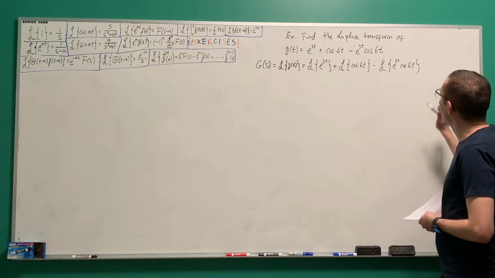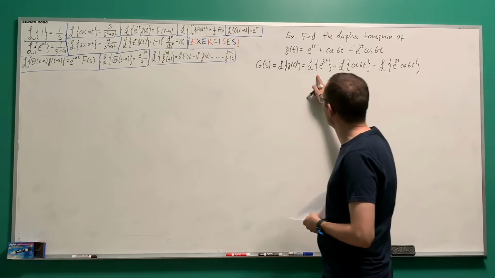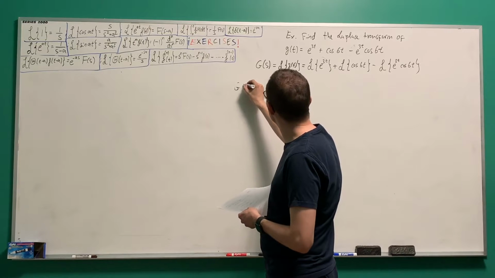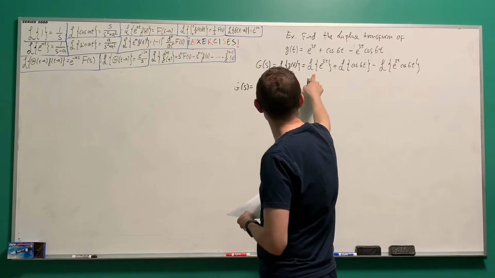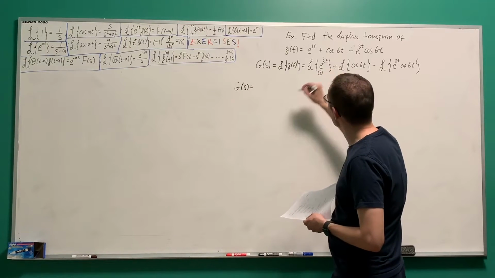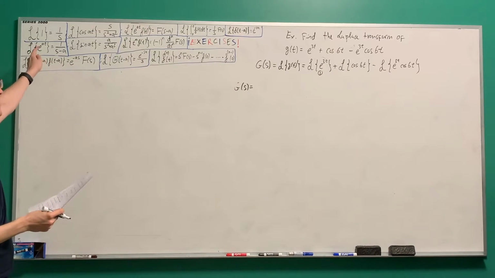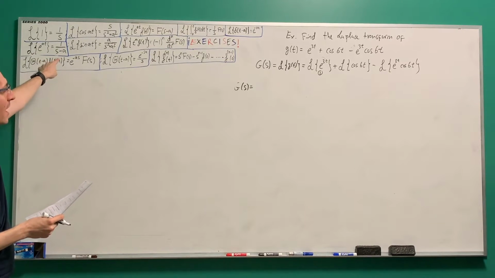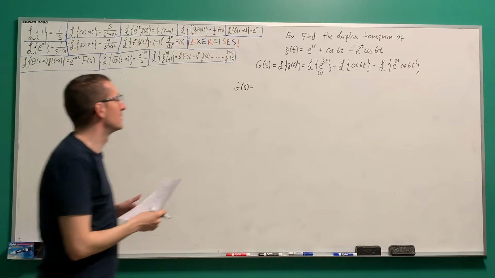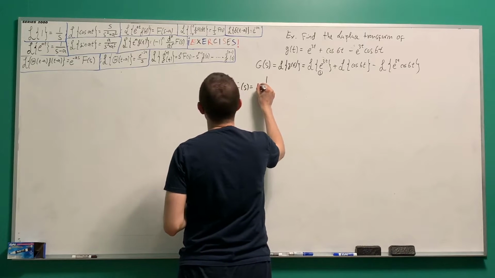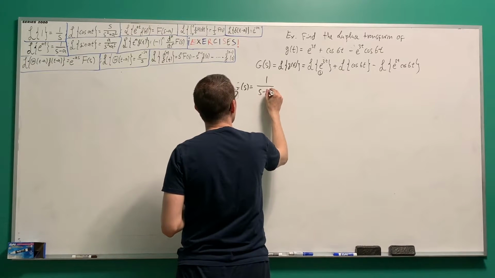Let's see. What we have here is, for the first one, G of s is equal to, first term, let's call this term 1, the Laplace transform of an exponential. Looking at that, this is very simple work. Look at the table: it's 1 over s minus a. A here is 3. So it's 1 over s minus 3.